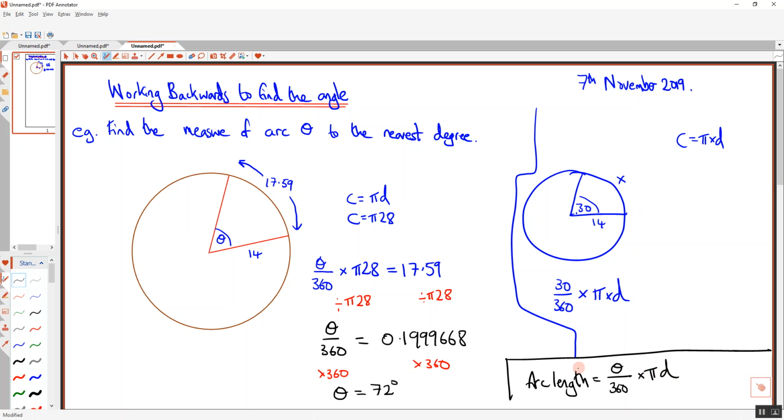That is our formula, and we're just putting in everything we know. We know the arc length is 17.59. We don't know what theta is. Pi we know is just a number, and we know the diameter is going to be 28. Is that okay? Any questions? So this is why if you use the formula, it will be easier.